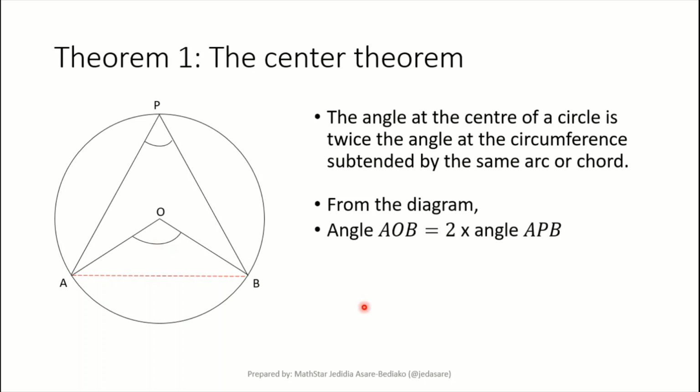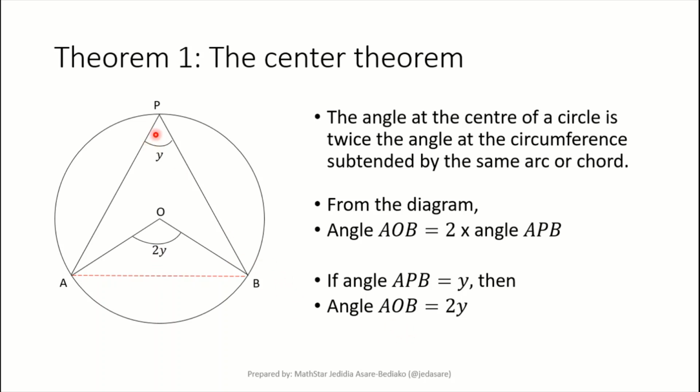So from the diagram, angle AOB, which is at the center, equals 2 times angle APB. If angle APB is y, then angle AOB, which is at the center, will be 2y.